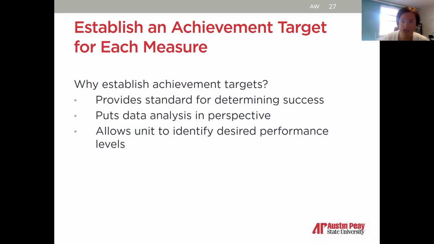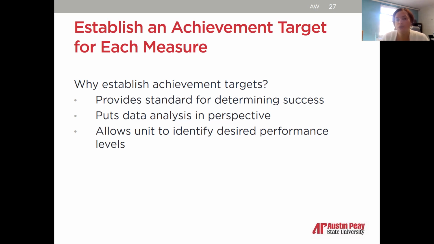Maybe your division has a certain idea of how quickly you should respond to things. Maybe whoever oversees your unit has said, we have to have like 80% accuracy on this. Maybe that comes to you, but if you don't have those parameters, you can base your achievement targets on what you might reasonably expect based on your experience. So it might be that, I have a sense that for the past couple of years, we've turned things around in like 2 days, but sometimes it's more like 5. So let's choose 3 and hope that we get it done in 3 days.